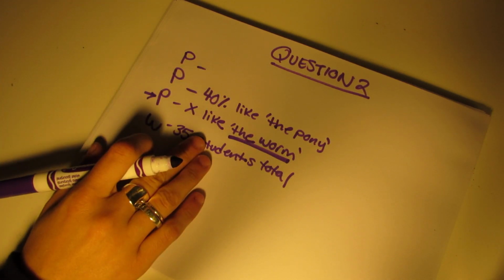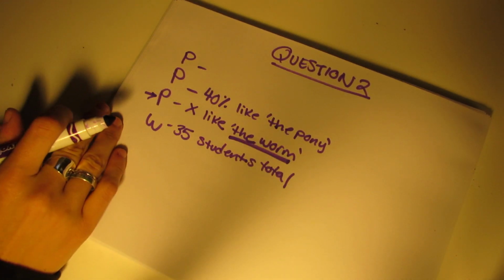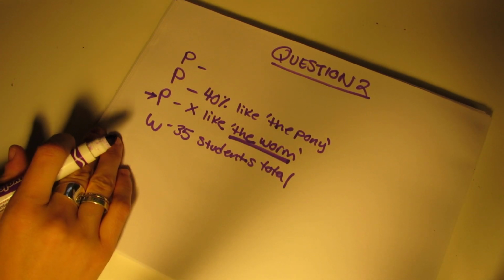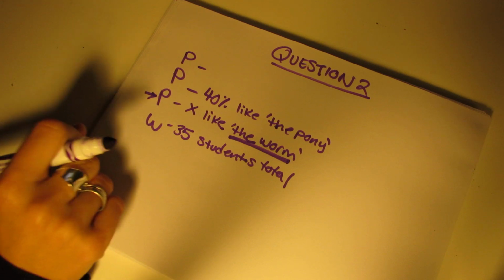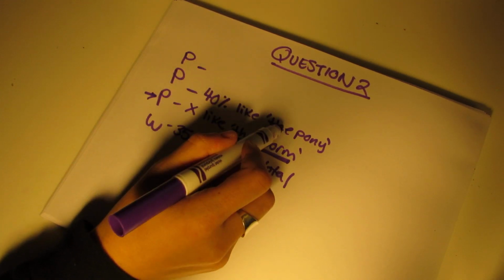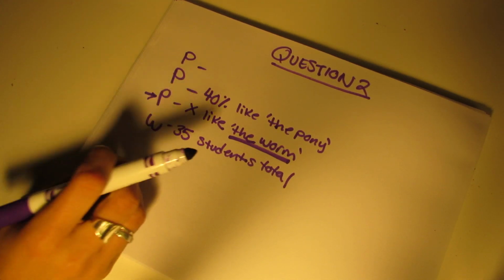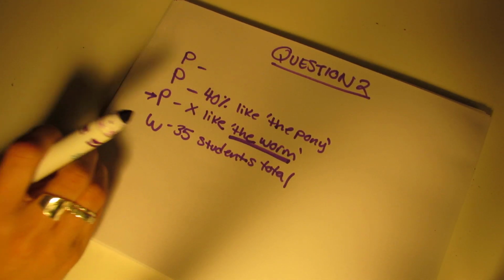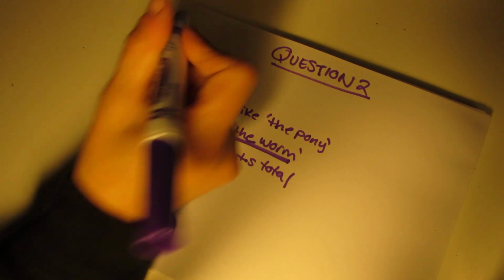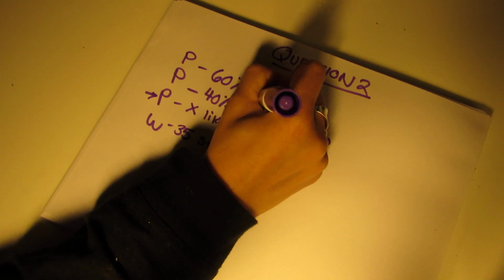I do care about you, but the problem says we need to solve for the ones that like the worm, okay? So we're going to think about it like this. If I know that 40% of the students like ride the pony, that means if I think about it out of 100%, 60% must like the opposite. So 60% like the worm.